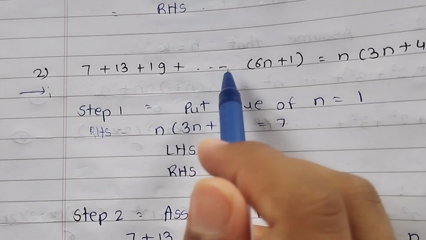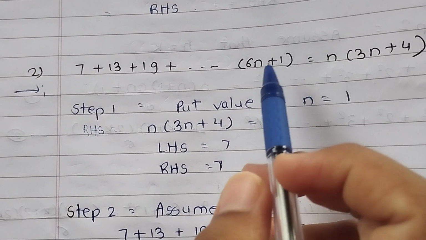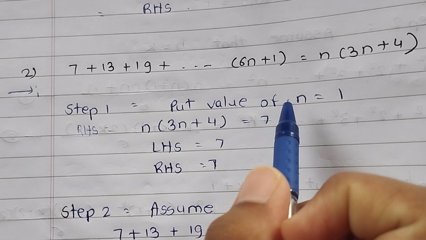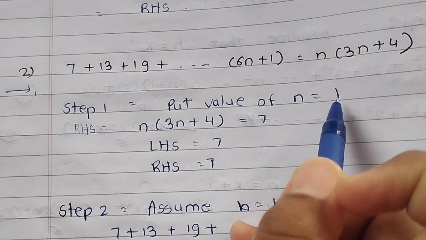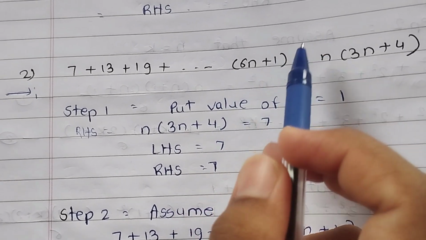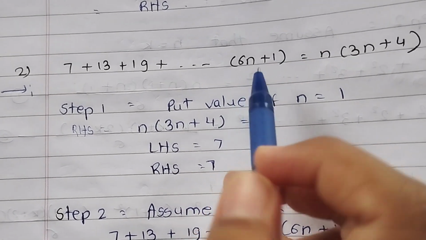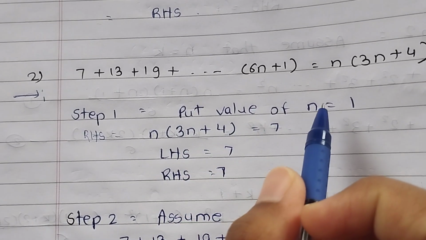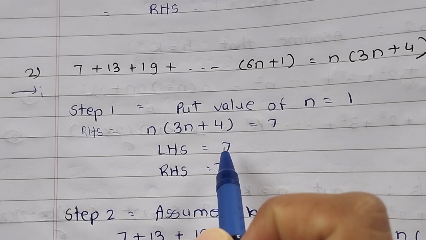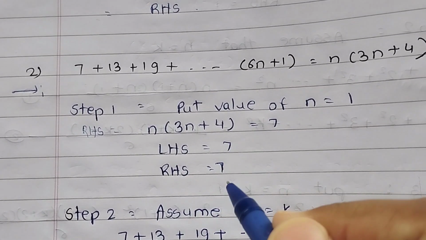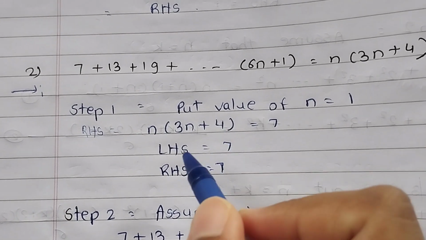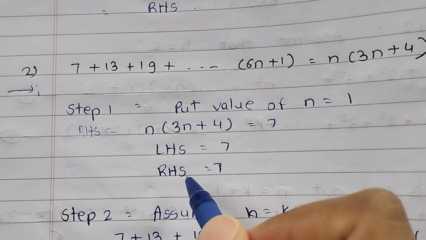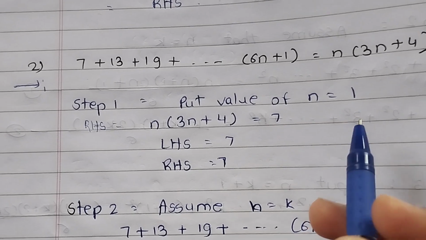So all of this is nothing but 6n plus 1. In the starting we put only n is equal to 1, we do not go for the nth term. The n is itself 1. So when we put n is equal to 1, the value is 7. So here we prove RHS is equal to LHS, 7 is equal to 7.